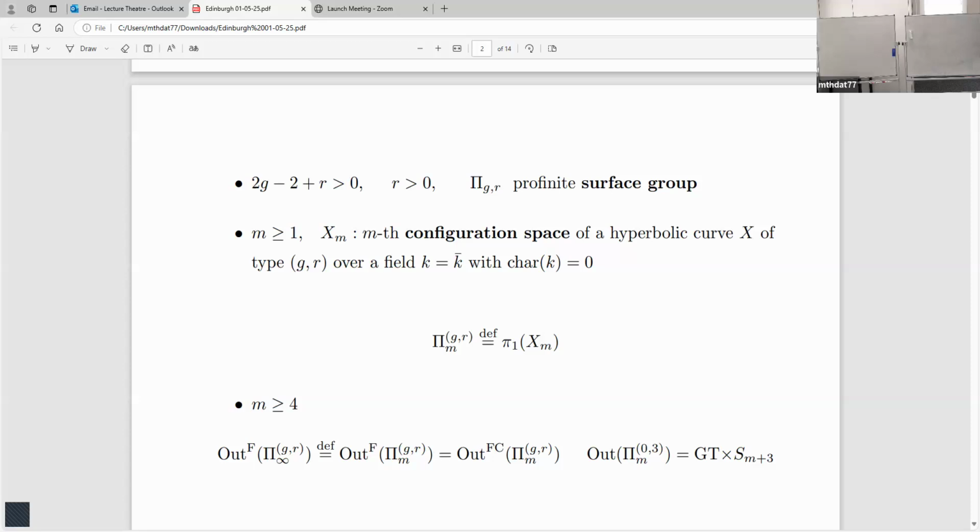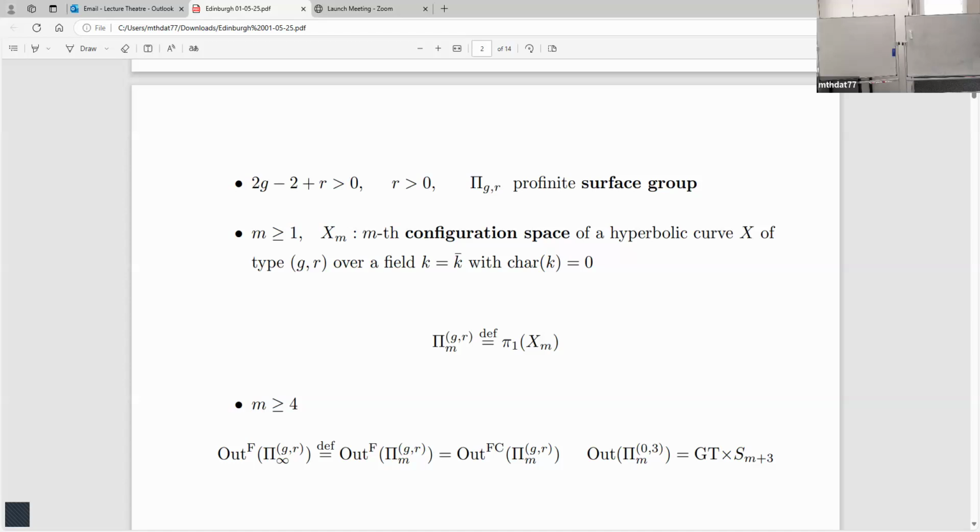So Out^FC is a priori just a subgroup of Out^F. One of the main results in recent times in combinatorial anabelian geometry is that these two groups are equal, so this C condition is automatically preserved. This is quite an important result.